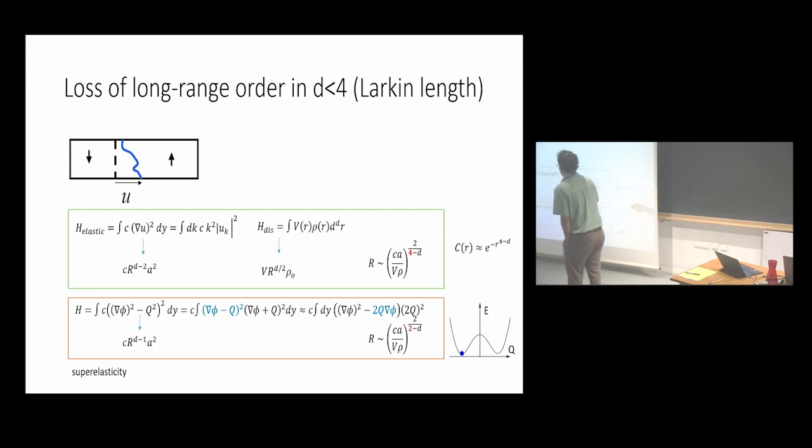And here basically there is a random walk due to the impurities. So the impurities within this domain of the size of the Larkin length create the field of strength R^(d/2), like a random walk, right? And so when I'm equating these two factors, then I get 4 minus d here, which tells me that basically in dimension less than 4, I will destroy the long range order.